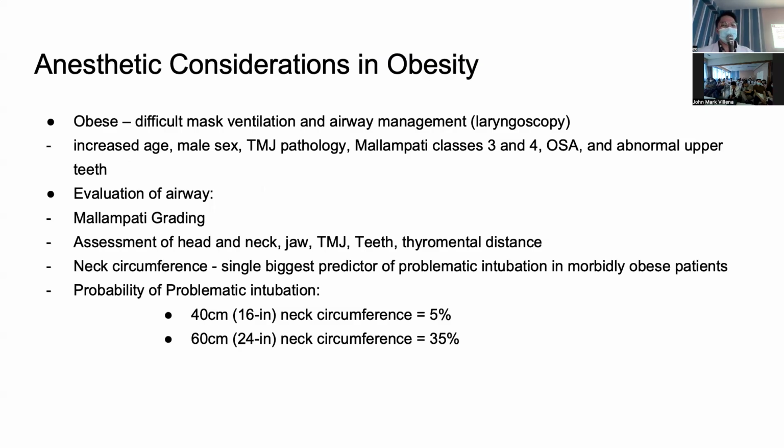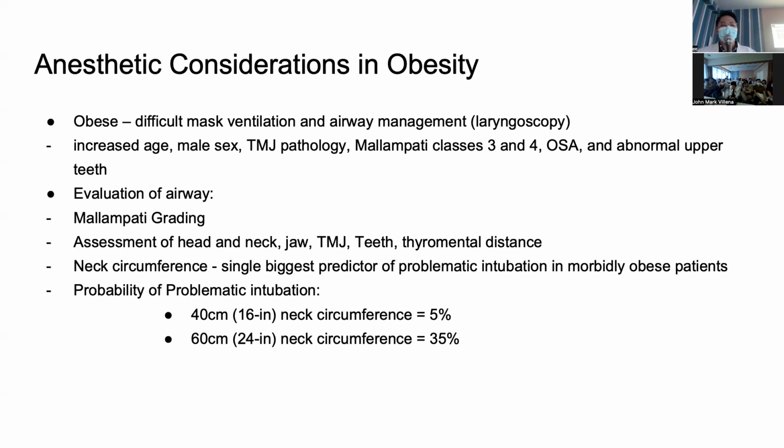In obese patients, obesity is considered a risk factor for difficult mask ventilation and for airway management. Overall, the magnitude of BMI does not significantly reduce the difficulty of laryngoscopy.